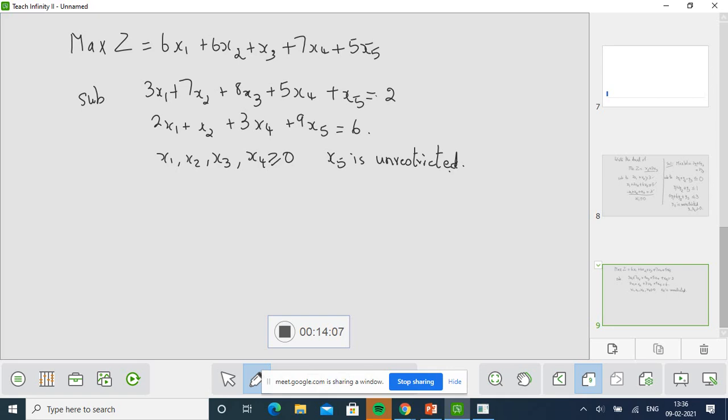Wherever you have equality, it is unrestricted. Here, everywhere it is only equality. So all the variables are unrestricted in sign. Can I go to the next point?